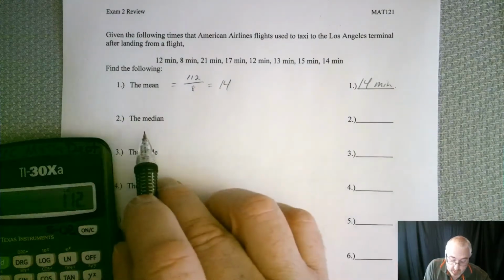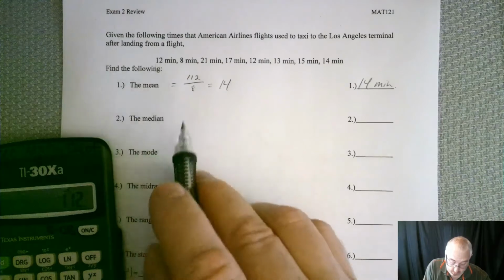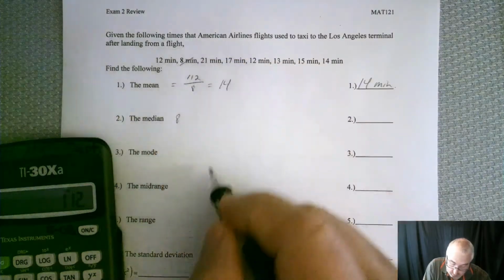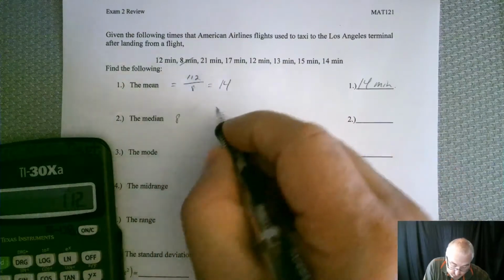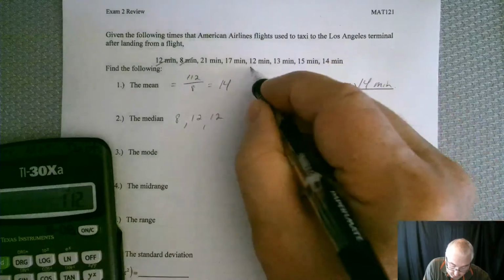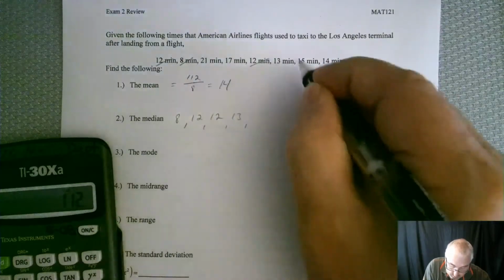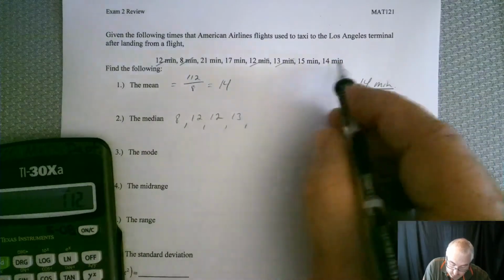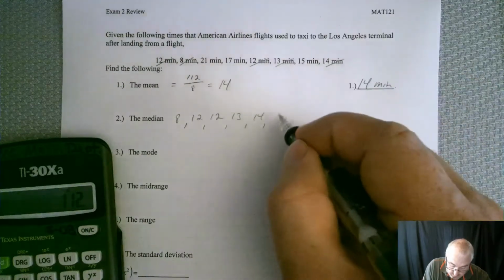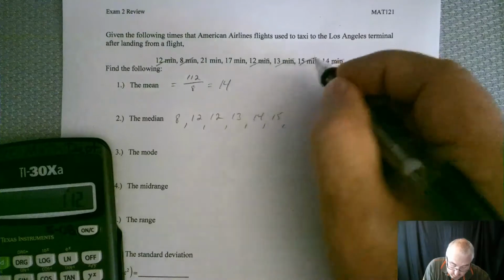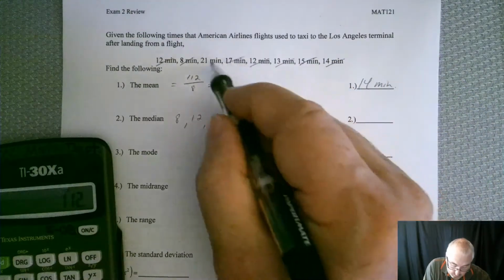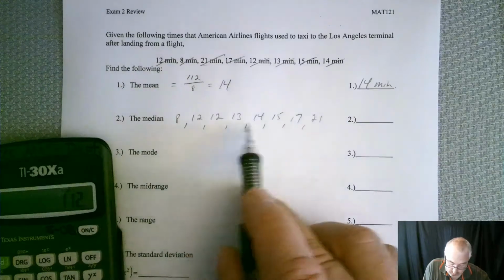Now for the median, we're going to have to put them in numerical order. So let's do that real quick. 8, looks like 12 is next, and we got a couple of those. 13, and we got 14, 15, 17, and 21. 1, 2, 3, 4, 5, 6, 7, 8.